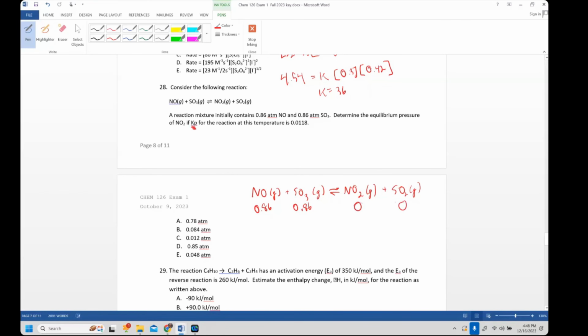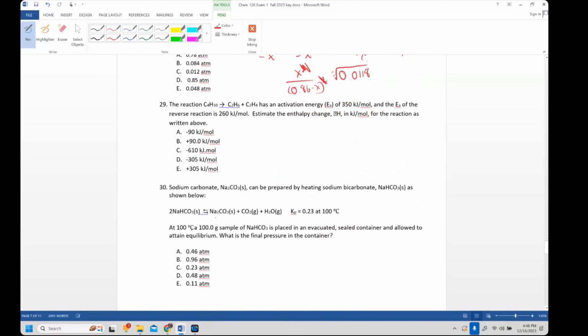So we have our products are 0, minus x, plus x. We end up with x squared divided by 0.86 minus x whole thing squared. That's going to equal our Kp value of 0.0118. All right, and then we can solve for x here. We can take the square root of that, get rid of these squares, and then you can solve it.